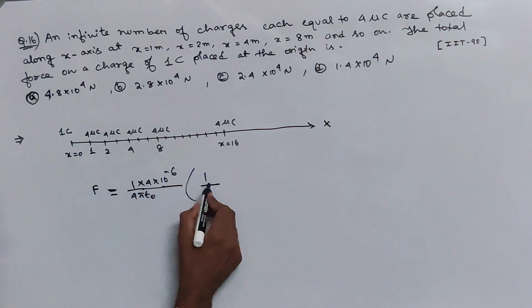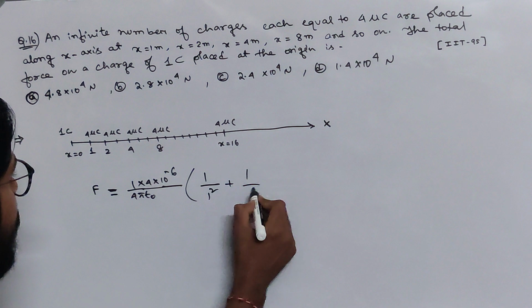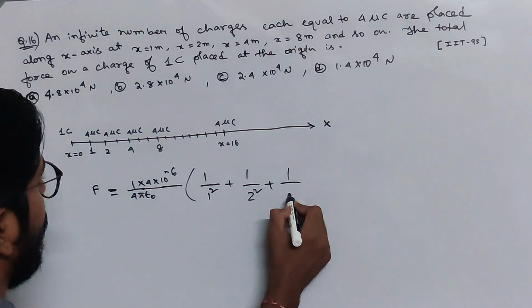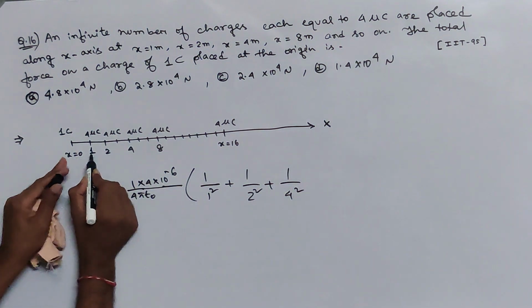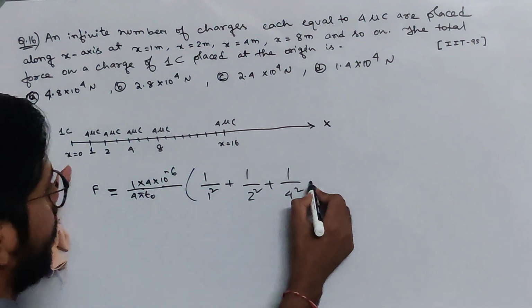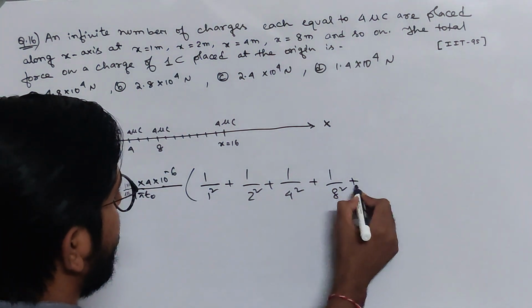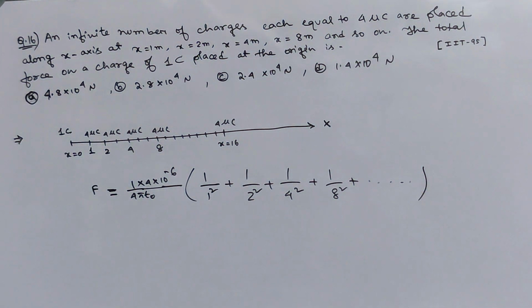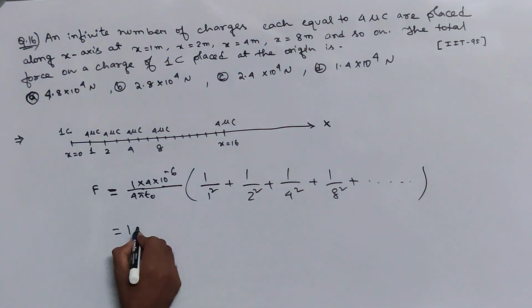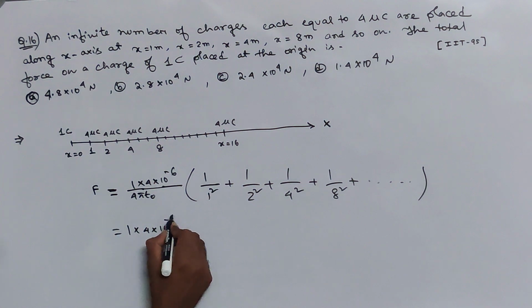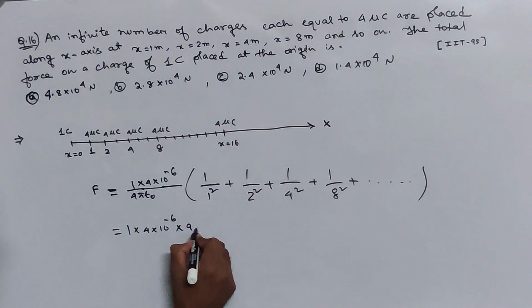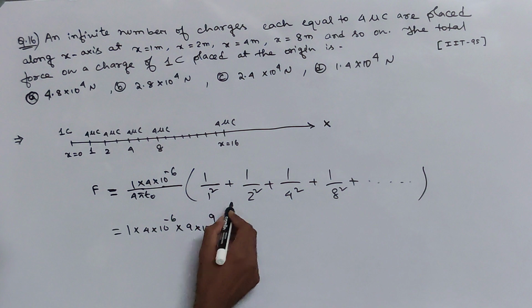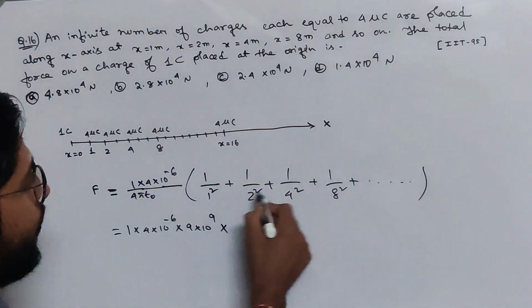What will be the r square? First one will be 1 square, second will be 2 square, third will be 4 square, because the distances are 1, 2, 4, then 8, then 16 and so on. It will go up to infinity. Then 1 into 4 into 10 to the power minus 6 into 9 into 10 to the power 9. Now we have to find the value of the remaining expression.